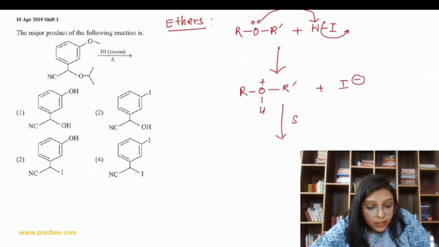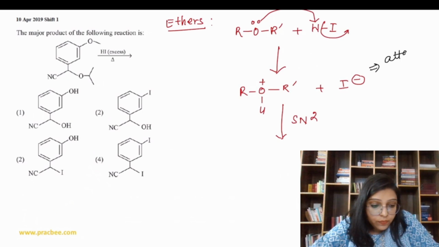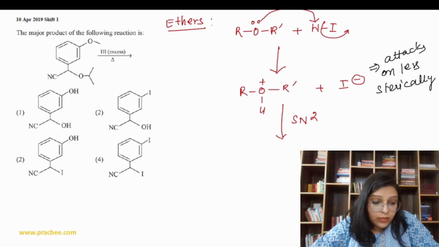Generally this attack is going to be SN2. So I minus attacks the less sterically hindered position.